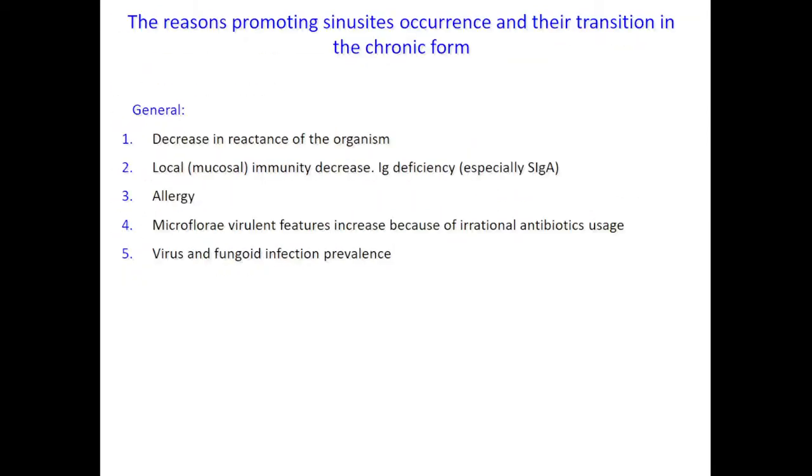General factors: a decrease in the reactivity of the organism, local immunity decrease, immunoglobulin A deficiency, allergy, resistance of flora to antibiotics because of irrational usage of antibiotics, and mixed flora.